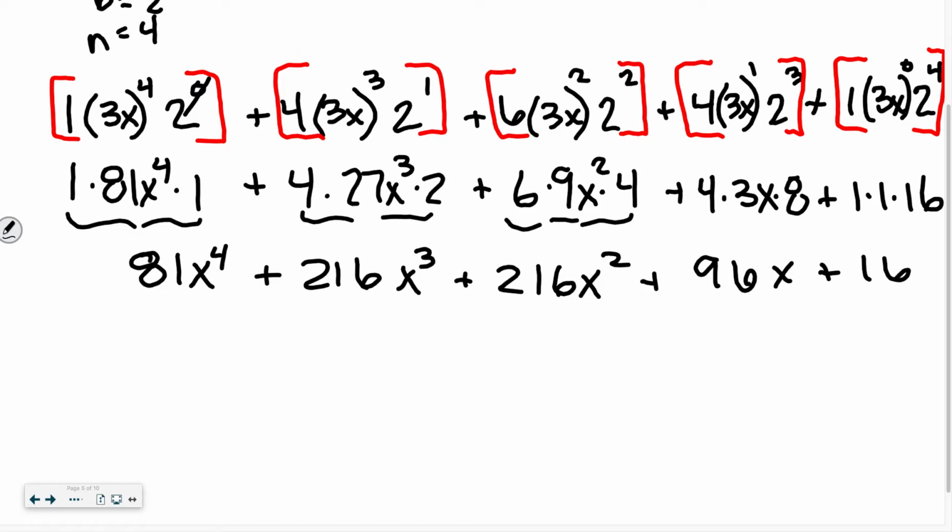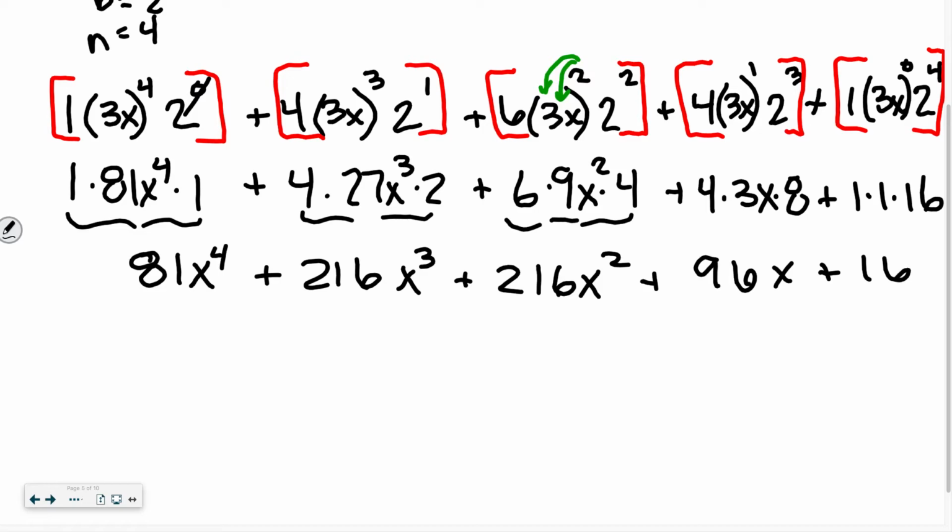When I do 3x squared, I have to square 3 and square x. So 3 times 3 is 9. And the 4 is coming from 2 squared. And the 6 is the coefficient from Pascal.